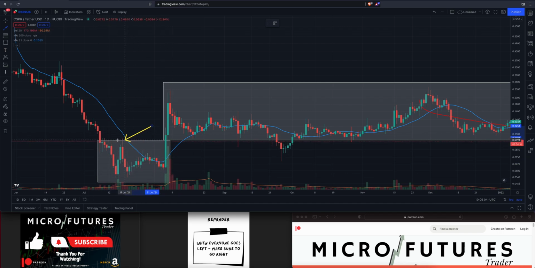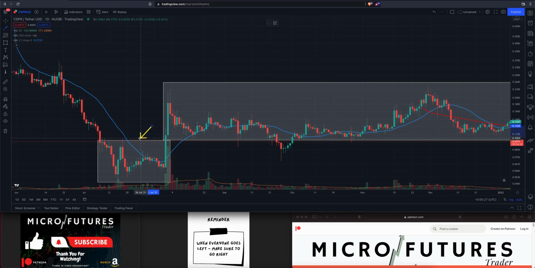So CASPER turned this area, instead of overhead resistance up in here, now on the 7th of August, it wicked down into this old trading range, this old box, and now it has a new trading range up in this bigger box.